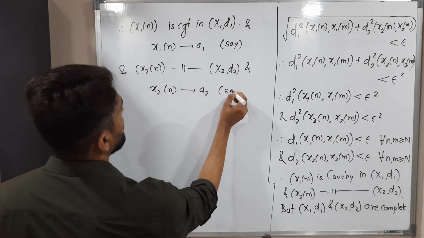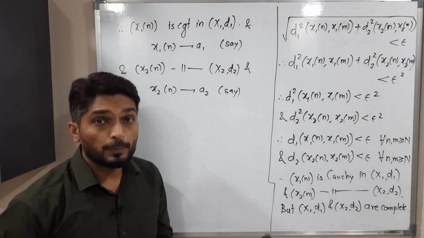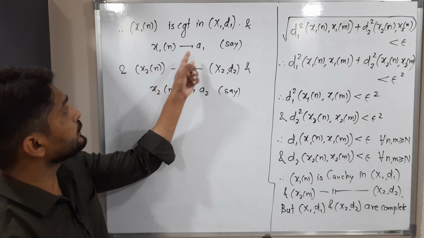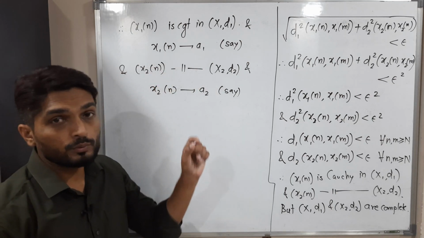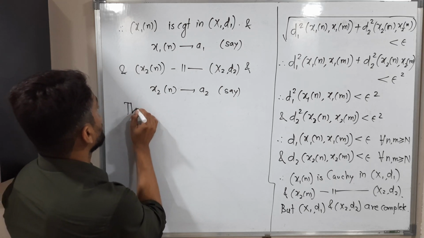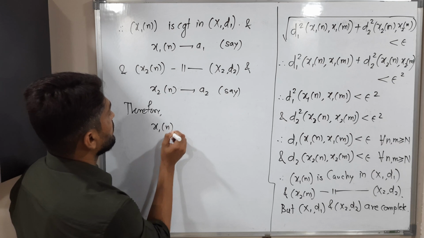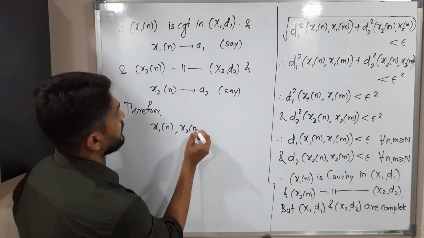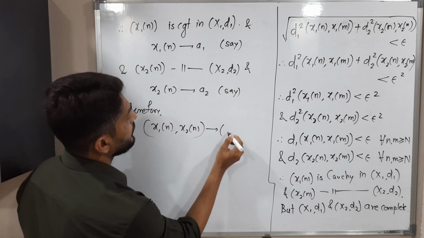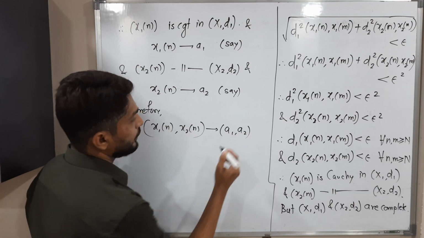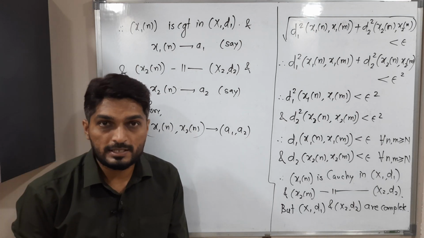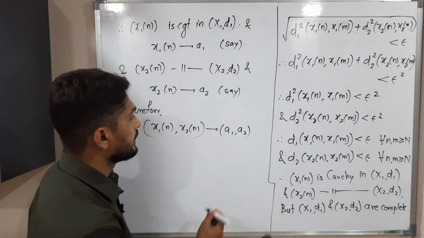I am assuming this, but see, just now we have proved that if x1n converges to a1 and x2n converges to a2, then x1n, x2n will converge to what? a1, a2. Okay, in the first half of this example we have already proved this.